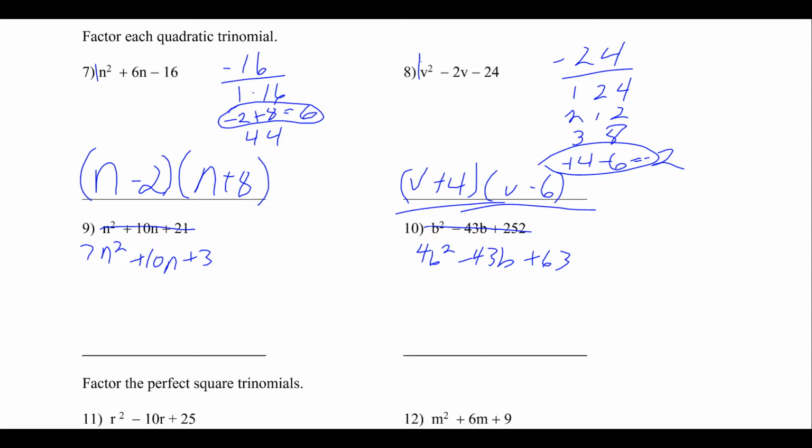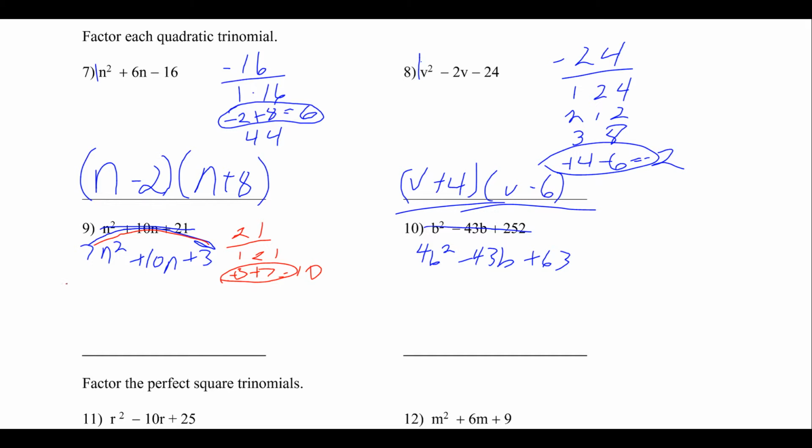Now, number 9, things get a little bit complicated because we don't have a coefficient of 1 on the front there. But what we can do is multiply the first number times the last number. And that would give us 21. That's going to be 1 and 21, 3 and 7. 3 and 7 will give us 10. Positive 3 plus positive 7 equals 10.